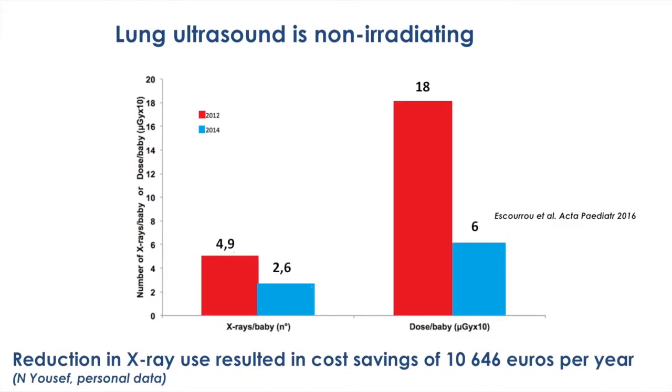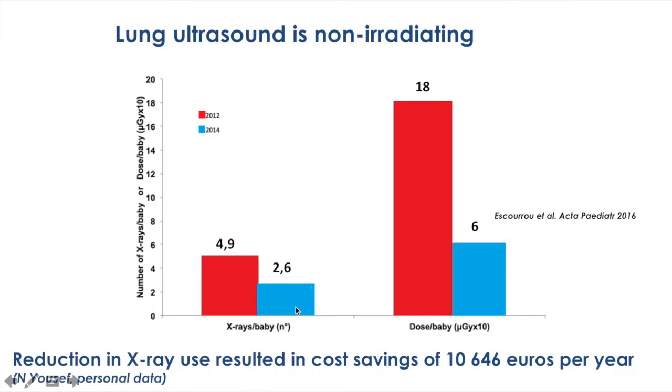An important benefit of lung ultrasound compared to chest X-ray is the absence of any radiation from this technique. In this unit, lung ultrasound was introduced in 2013. This graph shows the change in radiation per patient admitted to the unit between the pre and the post-implementation period.